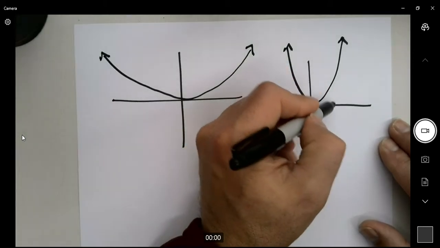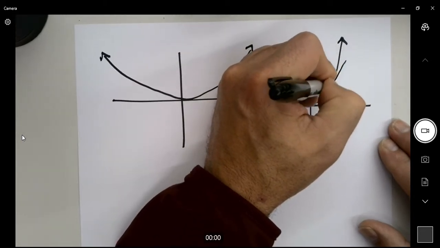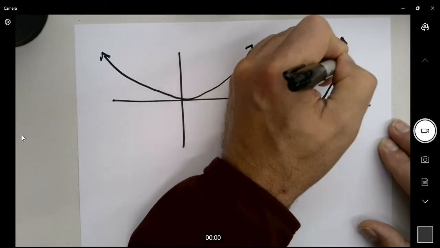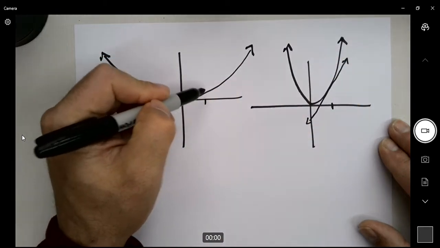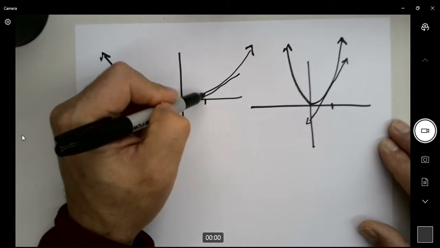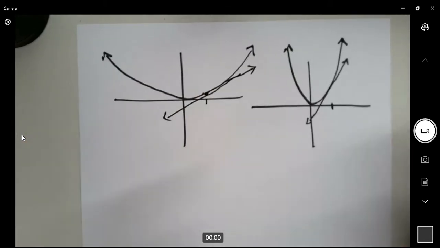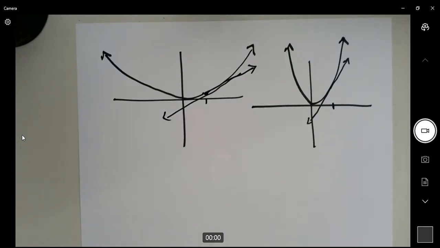In fact, if we come out to a point here and we draw a tangent line on that curve, we can see that the slope of the tangent line is significantly different than the slope of a tangent line on this curve, okay? And that's really what we're trying to discern here in section 12.3: we're trying to figure out instantaneous rate of change.